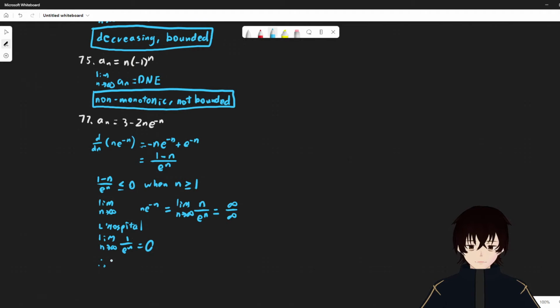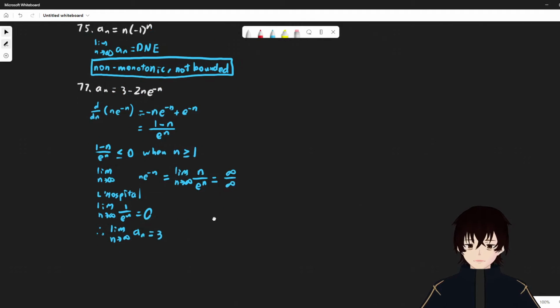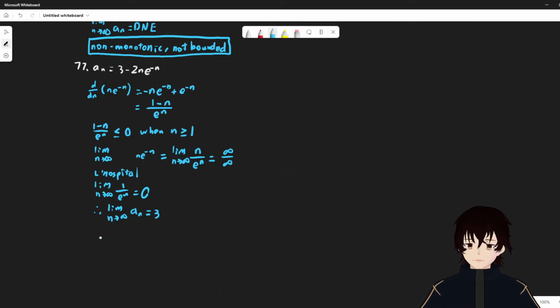Therefore, the limit as n approaches infinity of our sequence is equal to 3. So the entire thing is increasing and bounded. Because the sequence is always increasing and there is an upper limit, it's bounded.